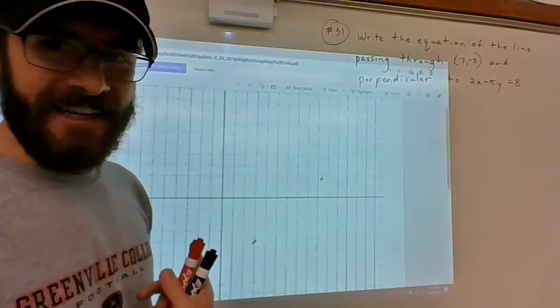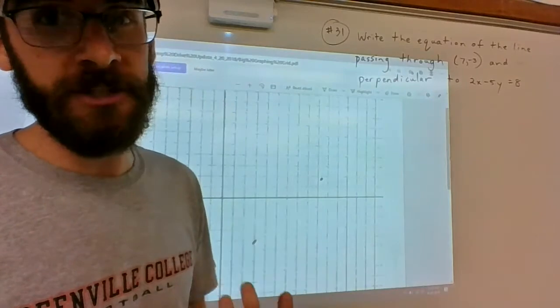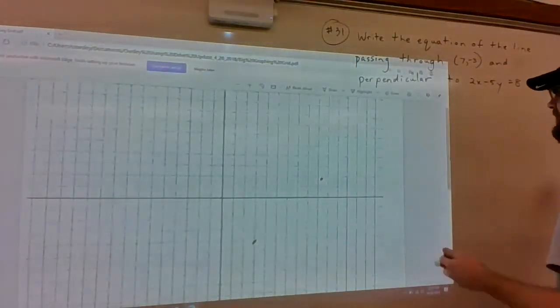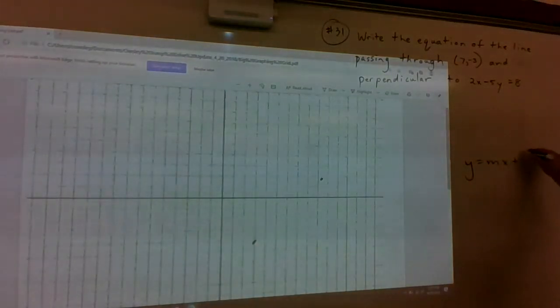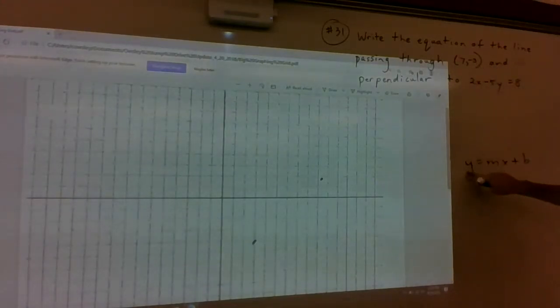I don't know if we need to graph anything, only to give ourselves a little perspective and maybe to check our answers. What I do know is that the equation of any line is supposed to be y equals mx plus b. I can use 7 for the x, -3 for the y, use this equation to determine what our m is, and then go from there.